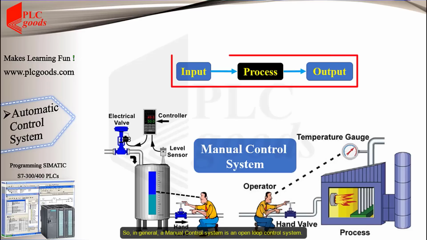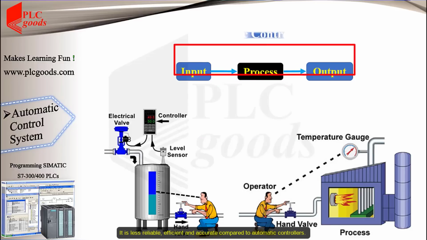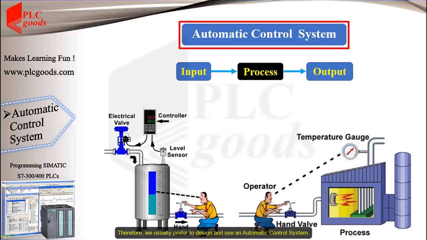So in general, a manual control system is an open-loop control system. It is less reliable, efficient, and accurate compared to automatic controllers. Therefore, we usually prefer to design and use an automatic control system.